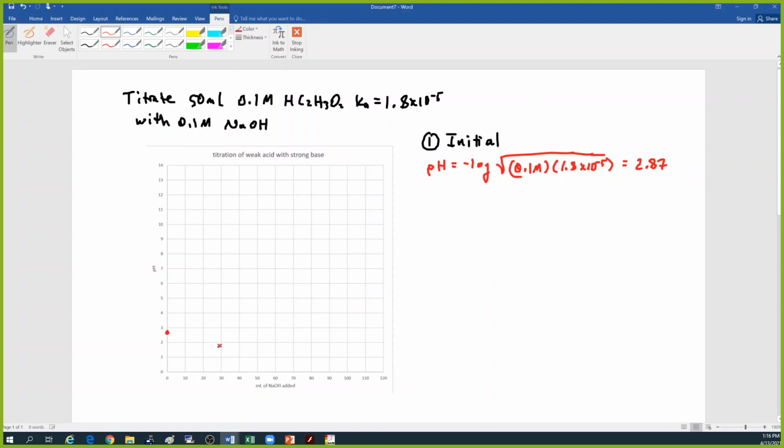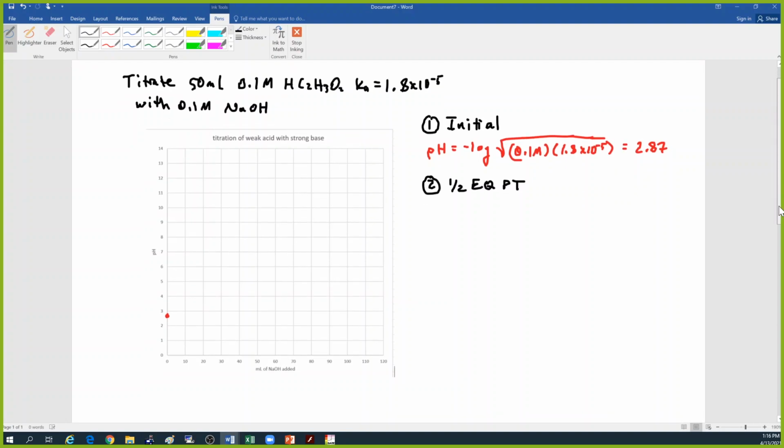All right. If you have a question, just jump in. So our second point, we said, is the half equivalence point. And again, because we're picking this specific point within the buffering region, it's really simple. But let's show what volume this happens at.